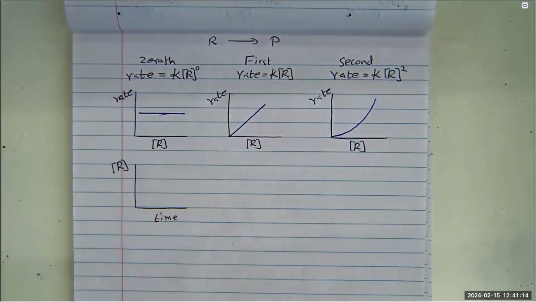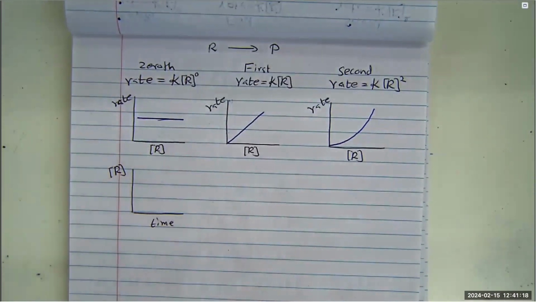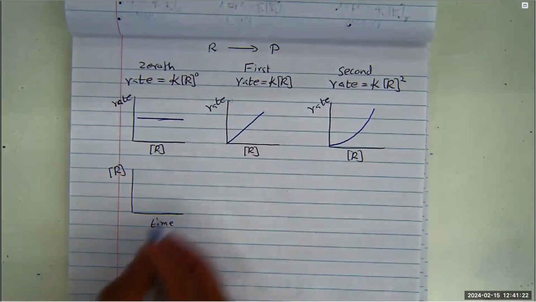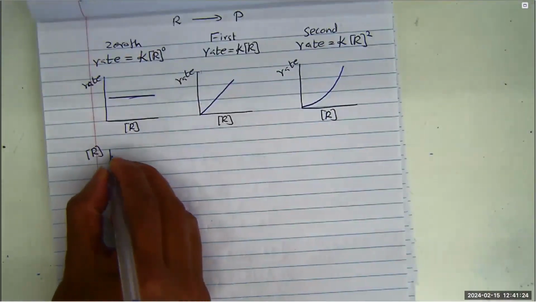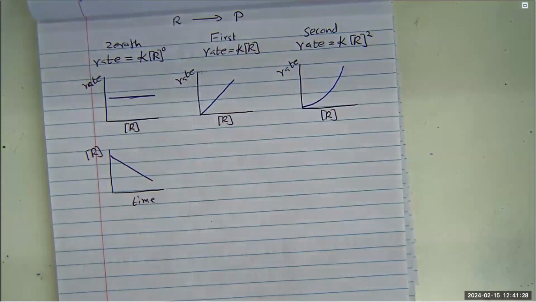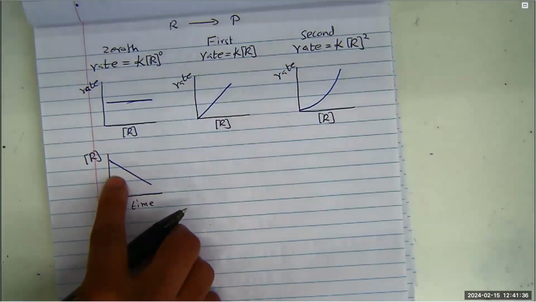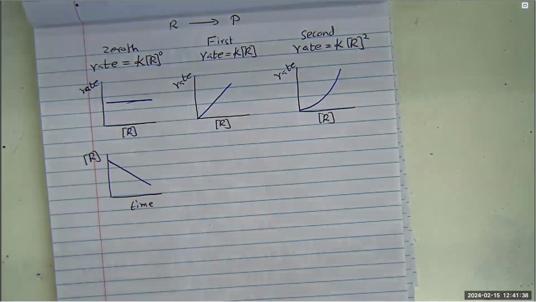We already know the rate of the reaction does not depend on the reactant concentration. So whatever the case, it's going to have the same slope, so it's going to be a linear graph like that. The slope of this graph is equal to negative k. We'll talk about that a little bit later. I'm going to redraw this graph.